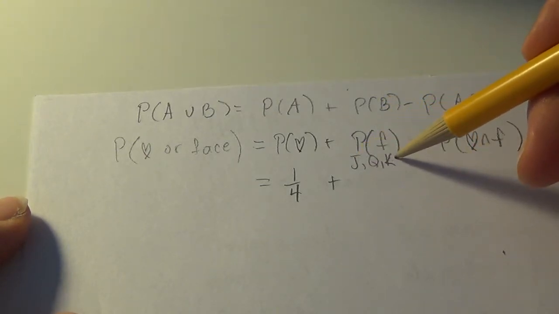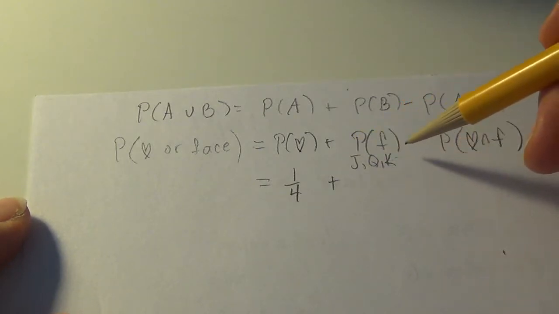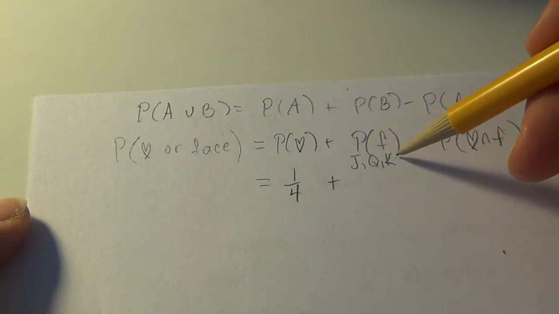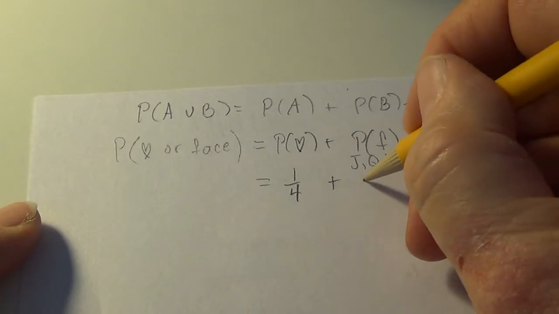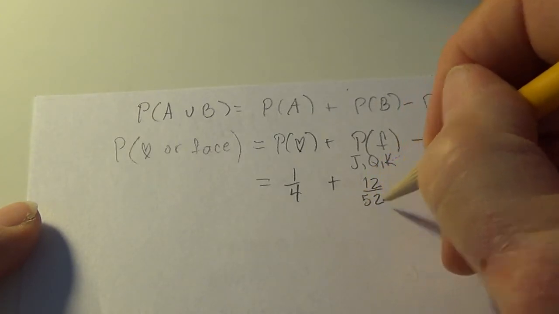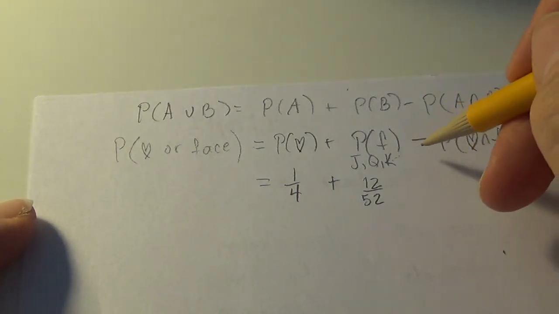So that's 4 suits, and they each have a Jack, Queen, and King. So 3 times 4, there's 12 cards out of 52. That's reducible, but we'll mess with that in a minute.